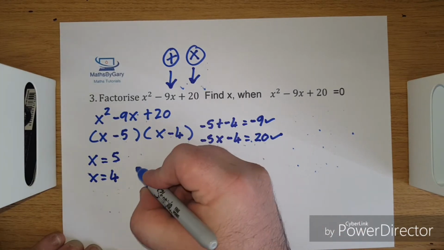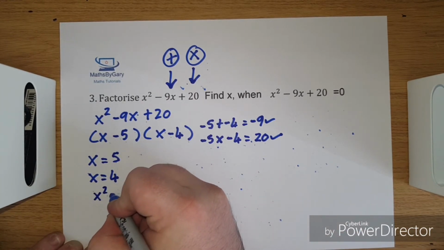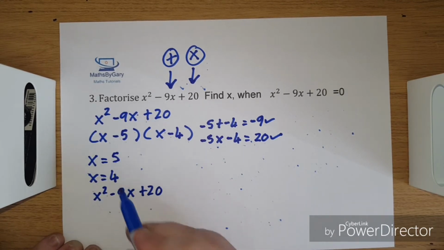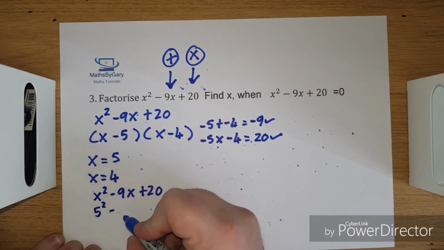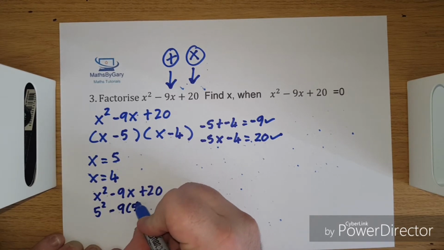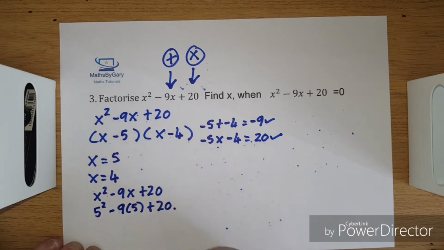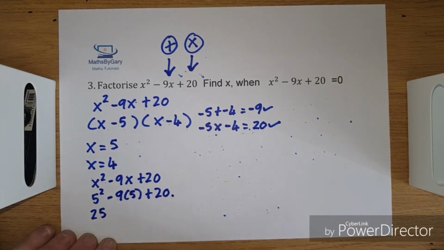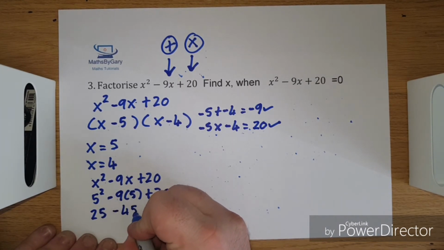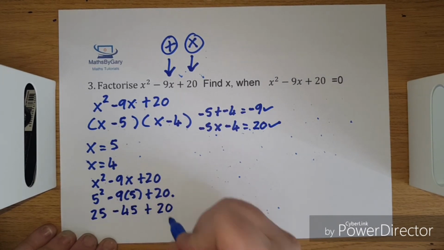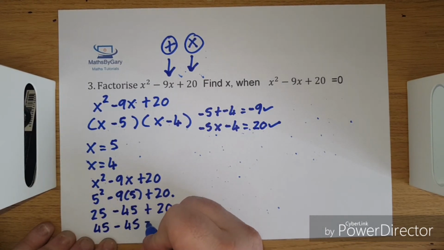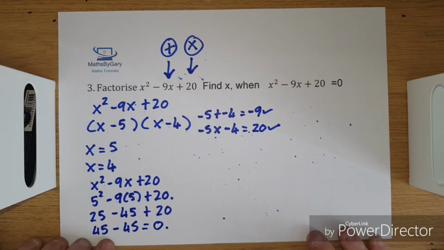So we'll try x squared minus 9x plus 20, so we'll put 5 in: 5 squared minus 9 times 5 plus 20. 5 squared is 25, and minus 9 times 5, 9 fives are 45, minus 45 and plus 20. So 25 plus 20 is 45, minus 45 gives us 0. So there we go, x equals 5 is in fact a root as it equals 0.